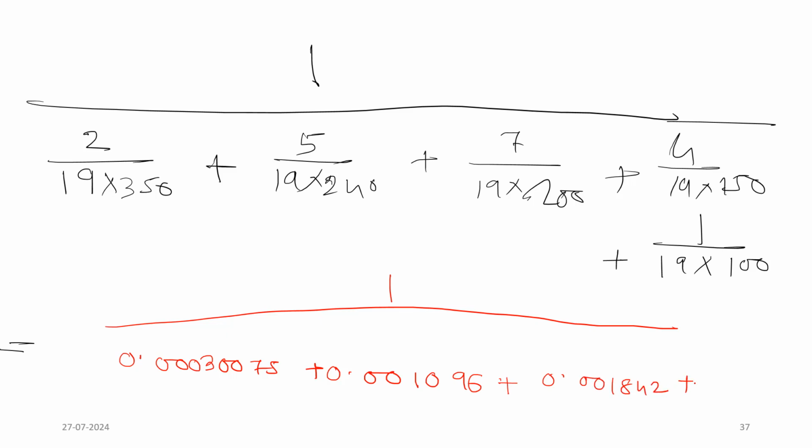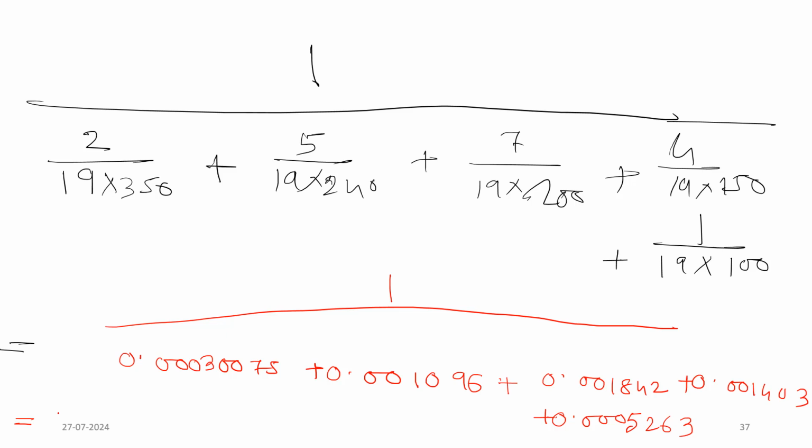The fourth term is 19 into 150 and it will be divided by 4. It is 0.001403. Finally, 90 into 100, 1 by answer. This is 0.000526. So now we have to sum it up all and then divide it.